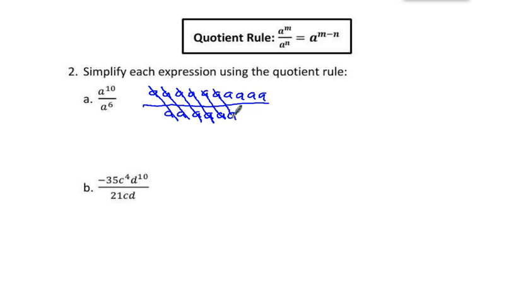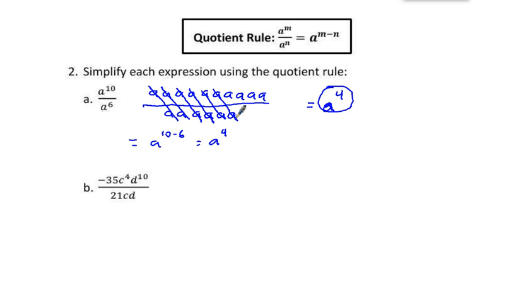Again, 2 more times. We're left with 4 a's in the numerator. A to the 4th is the final answer. And if we were to have just applied the rule, it would have been a to the 10 minus 6, which equals a to the 4th.